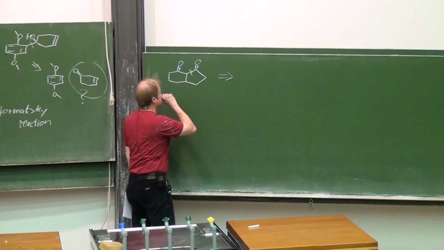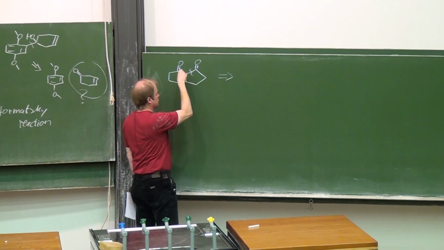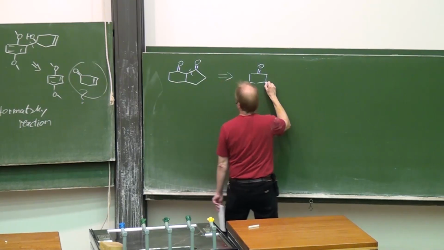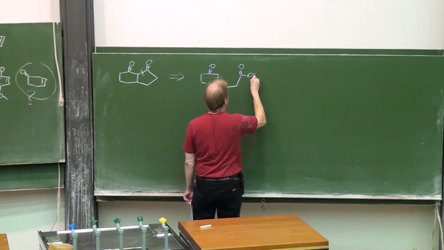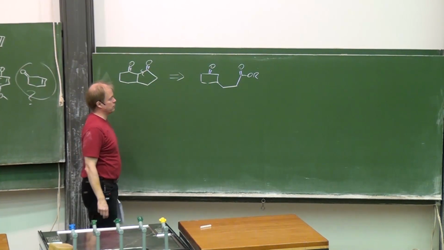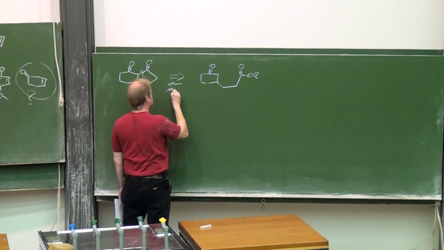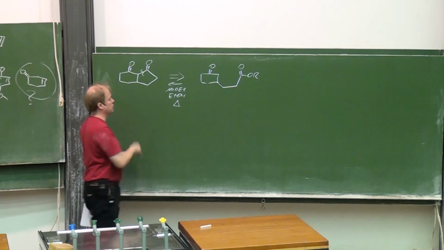We would disconnect here, acceptor reactivity there, donor reactivity there is natural reactivity, so straightforward would be this retrosynthetic transformation. Because with sodium ethanolate in ethanol and heating it up a bit, we should get a rather good yield of this one.